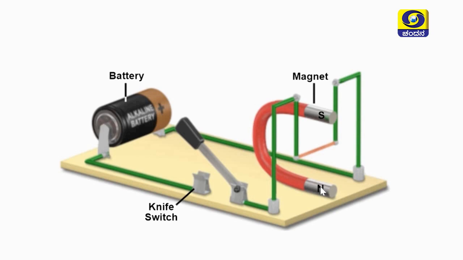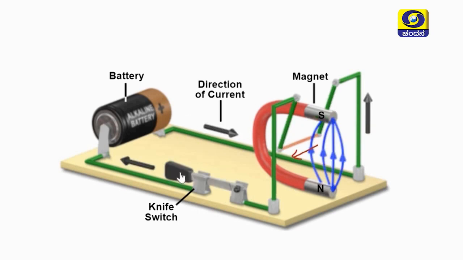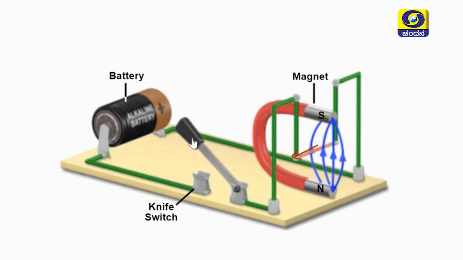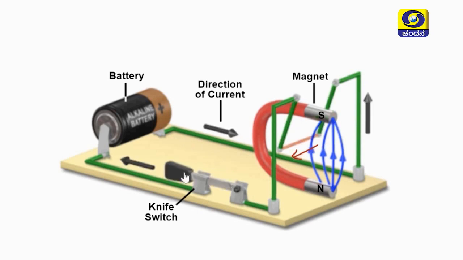So when these two fields interact with each other, that is, the electricity flowing and the magnetic field interact with each other to give us mechanical energy, let us switch on and switch off this switch again and again to find the direction in which the conductor moves. We can find that the conductor is moving into the screen, that is, it is moving away from us.